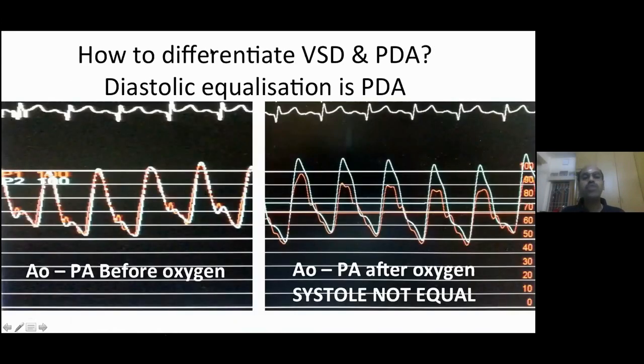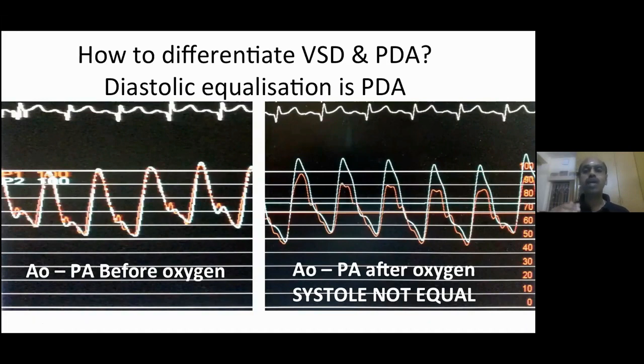So how do you differentiate between PDA and VSD? If you have a patient with an extremely large PDA, the aortic and pulmonary artery pressure will become almost similar. But you start giving oxygen. Oxygen is now causing a fall in the pulmonary vascular resistance due to relief of the pulmonary vasospasm, and this is resulting in higher QP.